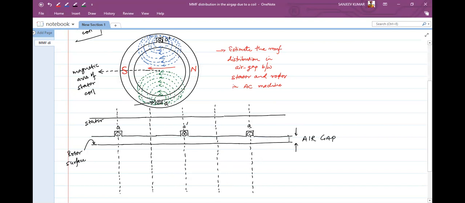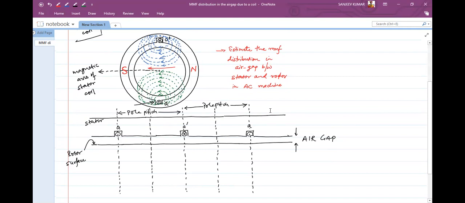Now obviously this is your pole pitch. This distance is your pole pitch, and again this distance is your pole pitch.